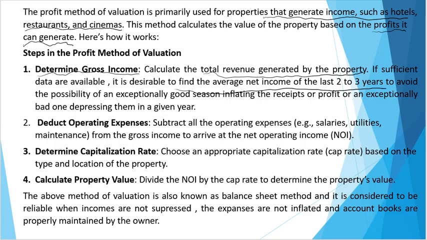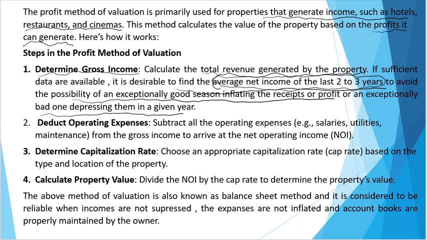Why? To avoid the possibility of an exceptionally good season inflating the receipts or profit, or an exceptionally bad one depressing them in a given year. So to avoid these two things, we will be taking the average income of the last 2 to 3 years.